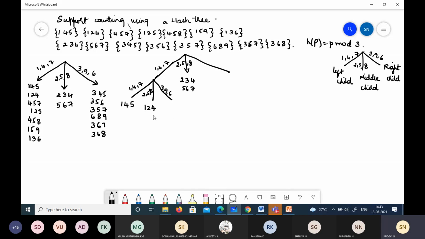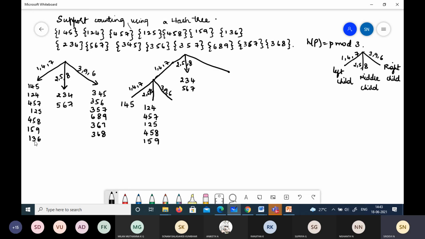What's the next one? 4, 5, 7. To which branch? Middle one. Yes, same. 4, 5, 7. Again 1, 2, 5 also branches here because 2 is here. And then we have again 4, 5, 8 together with 1, 5, 9 also coming here itself, isn't it?